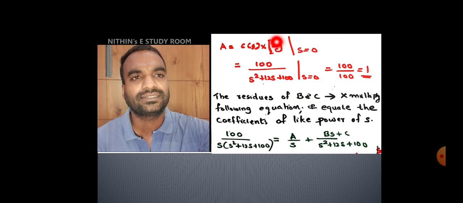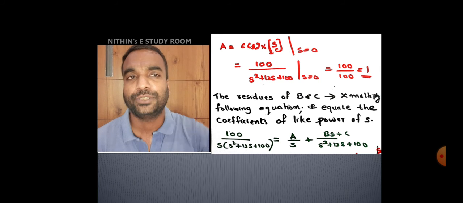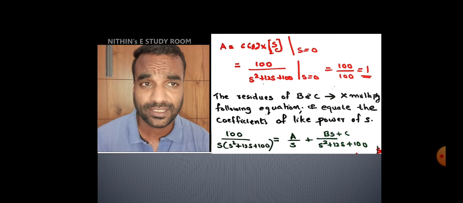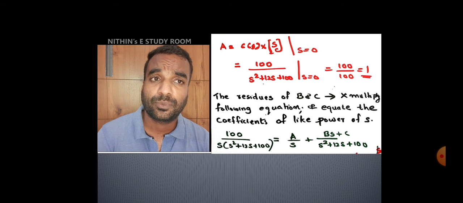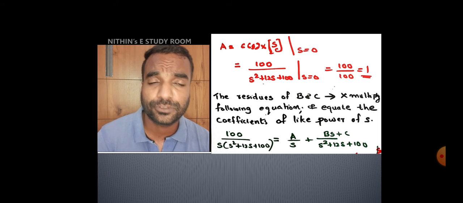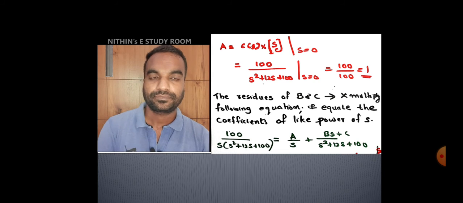Please check, this is just s, so it does not get complicated. I made some corrections here, that's why this special shape is there. It is just C of s into s, nothing else. That is equal to 100 by s square plus 12s plus 100, and put s is equal to 0. That is 100 by 100, which is nothing but 1.